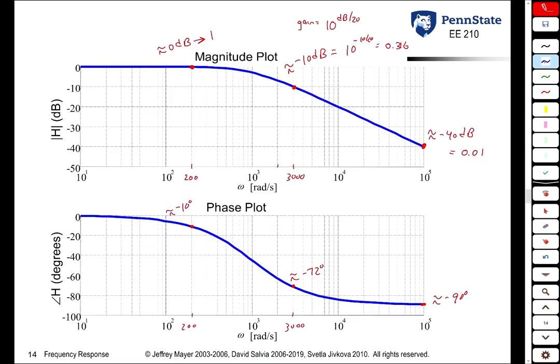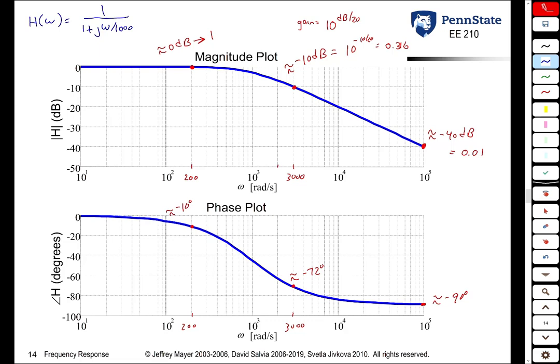Let's now spend a little bit of time comparing the transfer function equation and the Bode plots. So the transfer function was H of omega equal to 1 over 1 plus j omega over 1000. Think about what happens when the frequency is small.